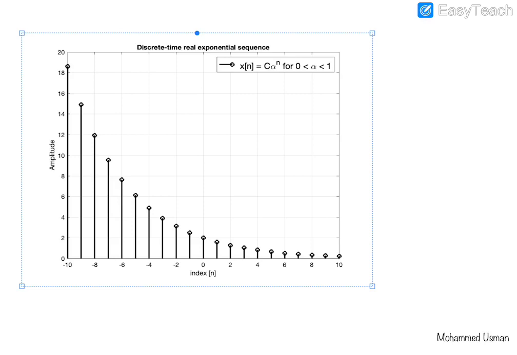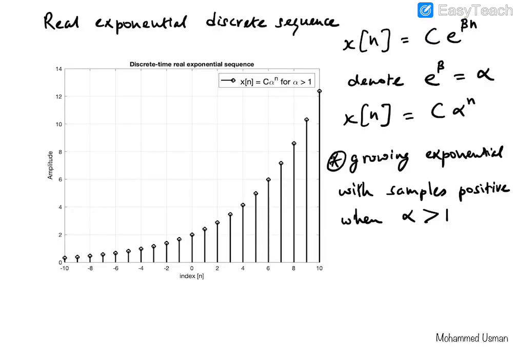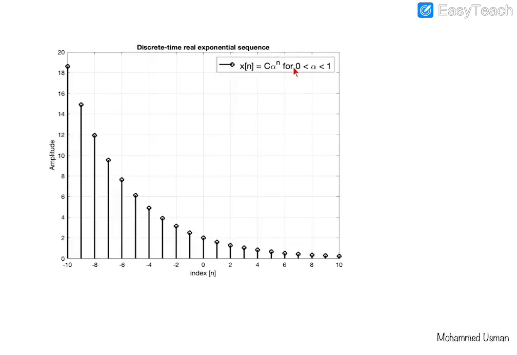Here we have a discrete real exponential sequence where the value of alpha is between 0 and 1. So previously it was greater than 1. It is positive and greater than 1. Now it is positive but less than 1. So it lies between 0 and 1. So this is also a real exponential sequence when alpha is between 0 and 1.